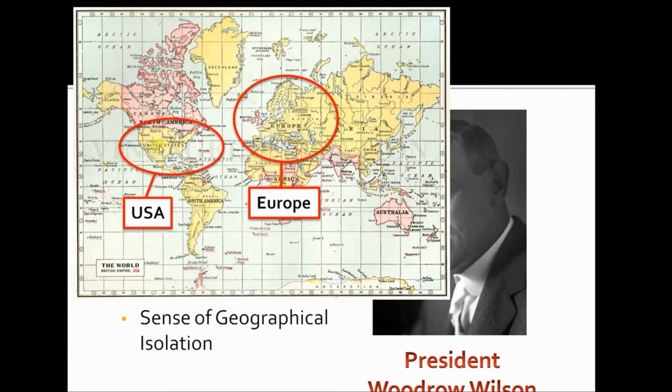Which is precisely why, in the aftermath of World War I, there was a lot of anti-war sentiment, or rather desire for isolationism, because they did not want the US to get once again involved in affairs which don't concern them, because it's all the way on the other side of the pond, the other side of the Atlantic Ocean. Okay, so for these reasons, the US had adopted an isolationist foreign policy.